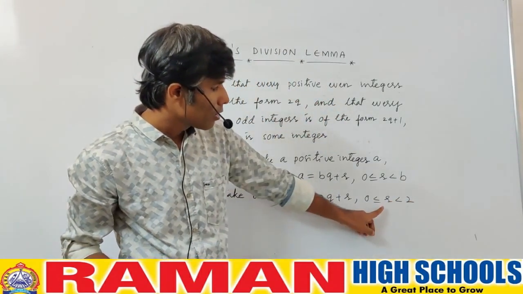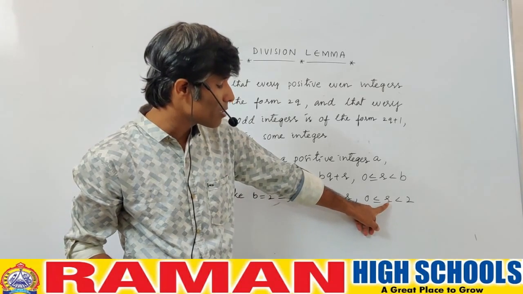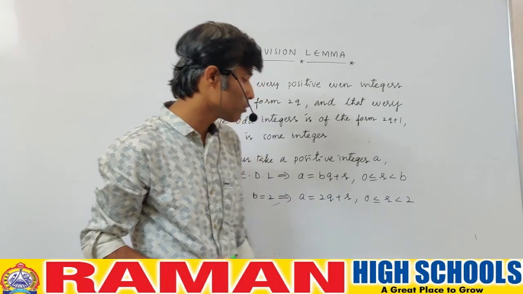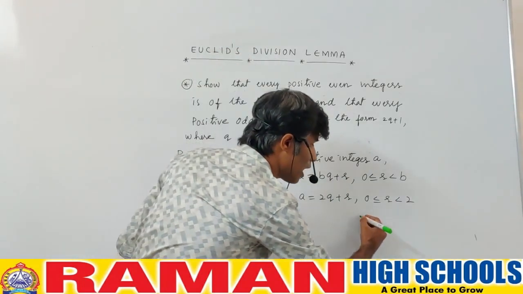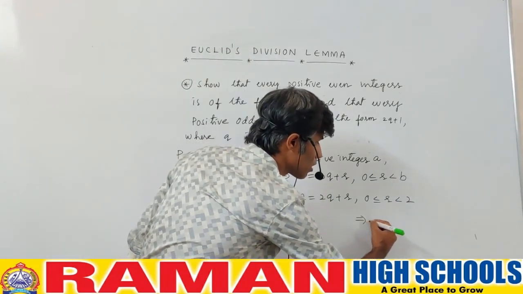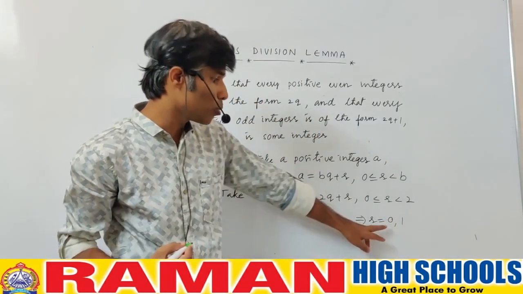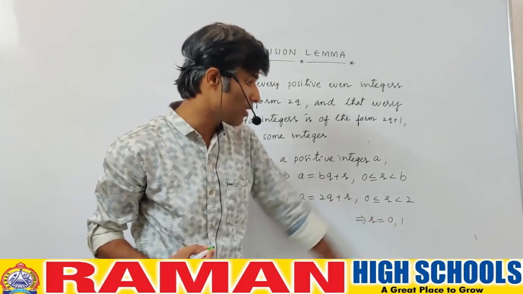Now here you can observe that this remainder is 0 or more than 0 and less than 2. Therefore the possible values of r are 0 comma 1. There are only two possibilities, 0 comma 1.